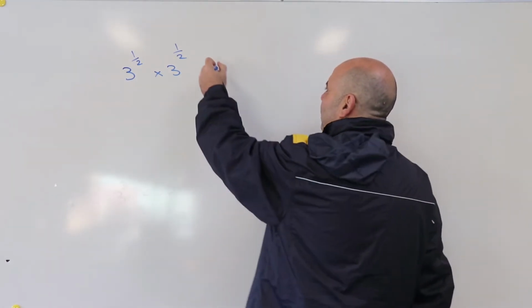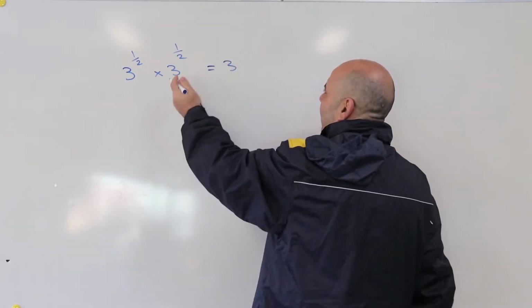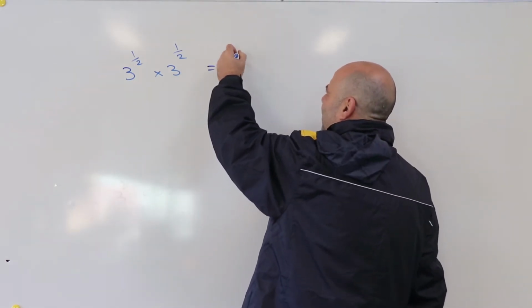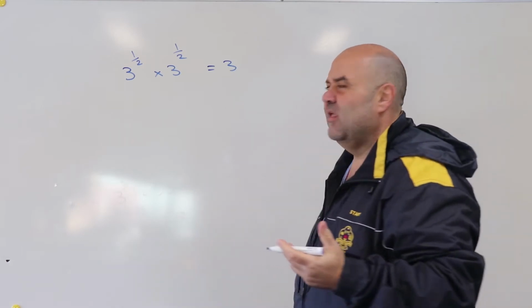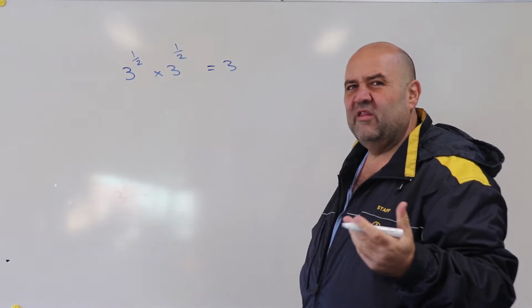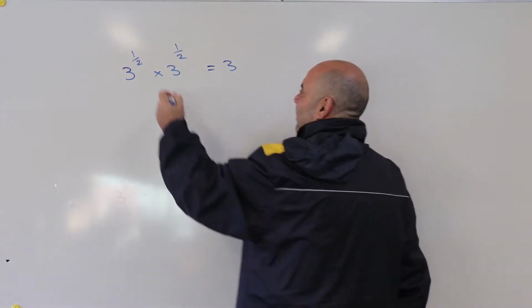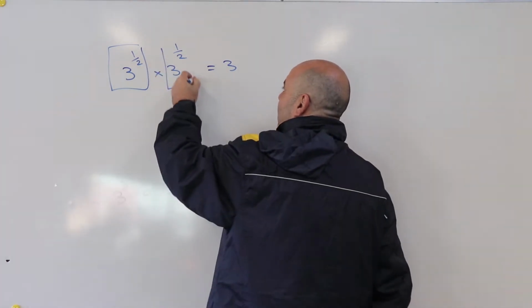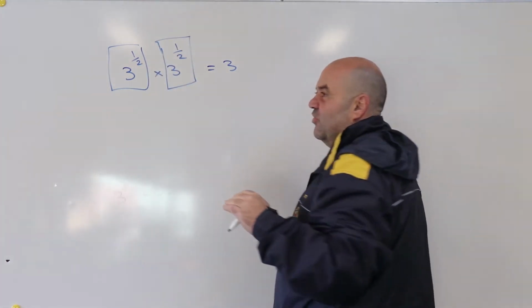So this would be 3 to the power of, well, a half plus a half is 1 whole. So it's just 3 to the power of 1, or 3. Okay, well, what does it mean then to say that this thing multiplied by itself is equal to 3?